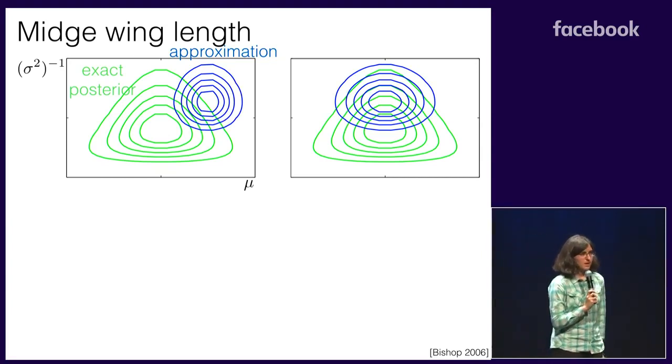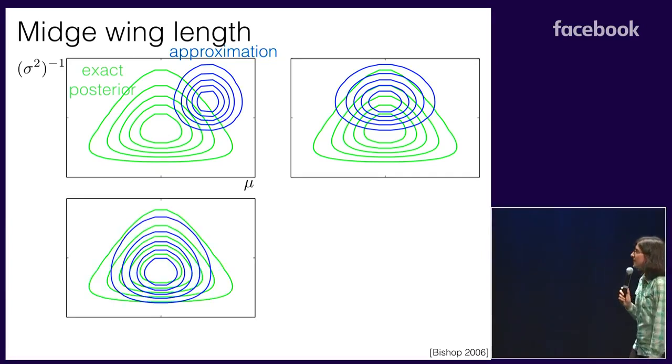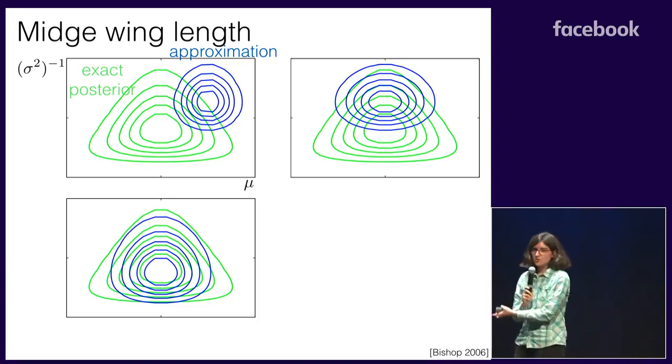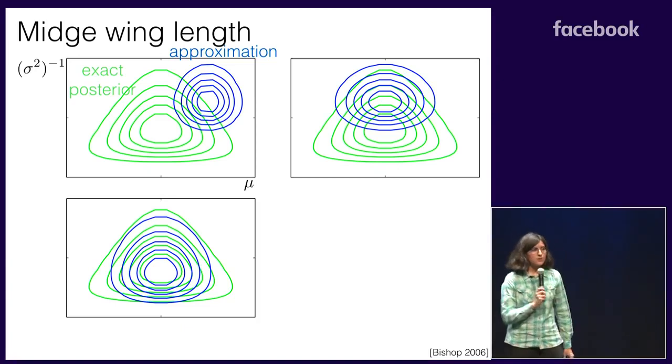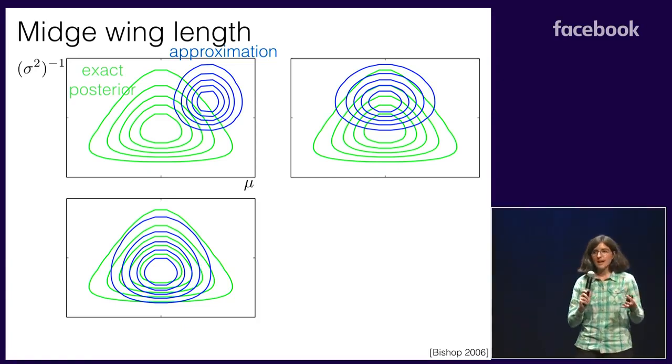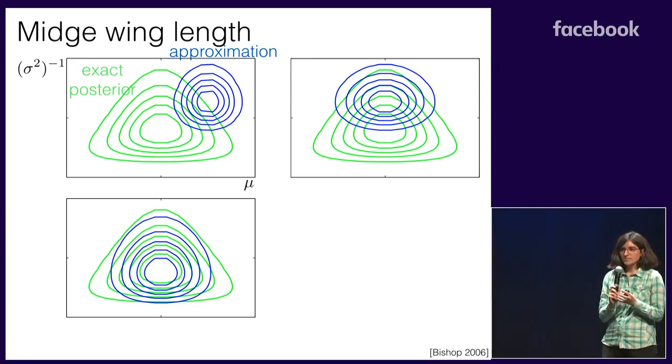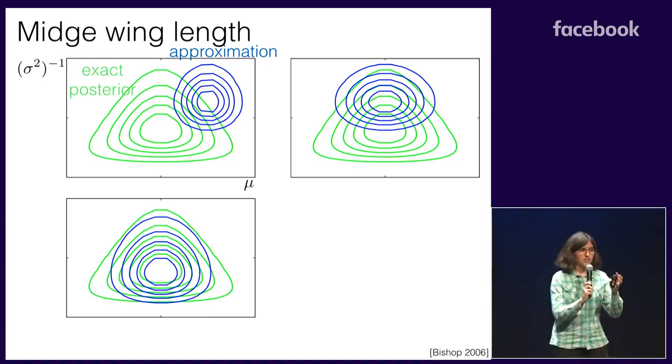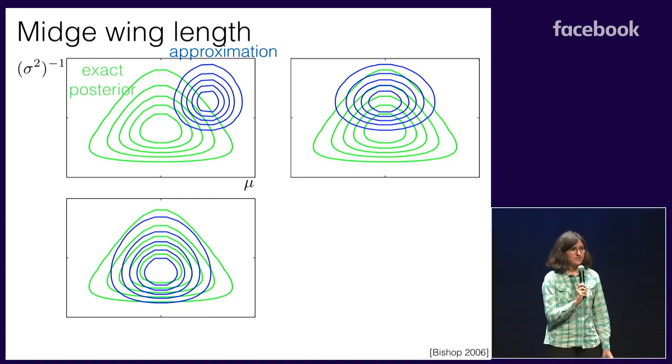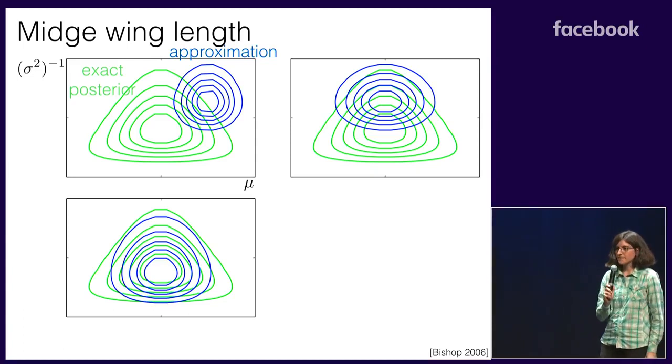Now, on the next step, we update the distribution in sigma squared, and this is what we get. We only now change things vertically. Also, it's worth noting that when we change things horizontally, the approximate distribution is getting closer to the exact distribution, as desired. Same thing when we change things vertically, it's getting closer to the exact distribution.